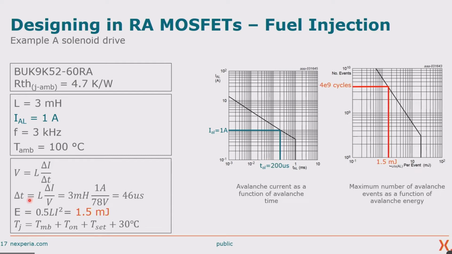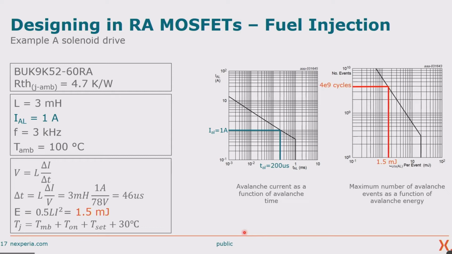The next thing that we need to do is to calculate the energy that is contained in the inductor, and that will be at the same time the energy that's dissipated in the MOSFET. And applying that energy to the second graph, we can see that we would be allowed to do something in the order of 4 billion cycles.